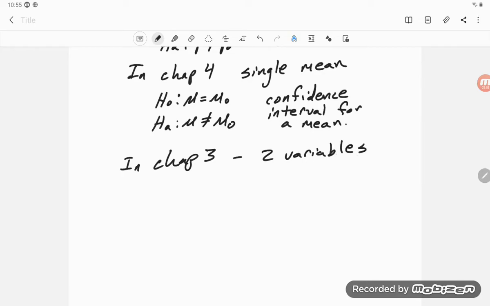So this was count data. And the reason we had count data was that both variables were categorical.